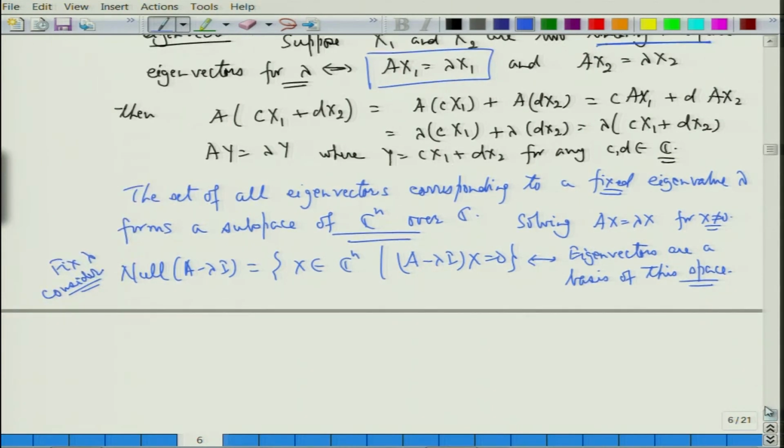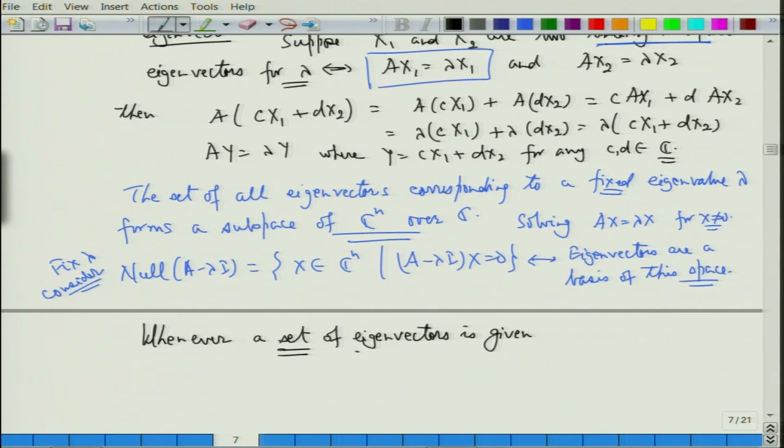So whenever a set consisting of eigenvectors is given, that set must be linearly independent.